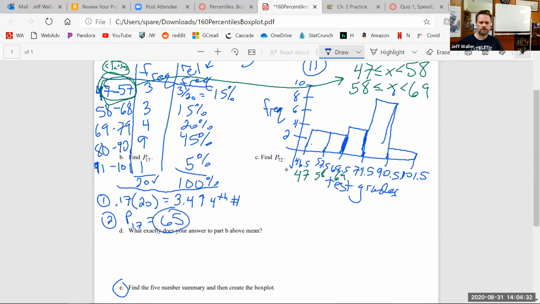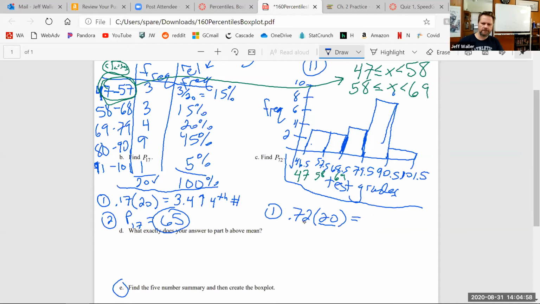So then P72 is basically the exact same problem, except I just do 72% of 20. Why is this 20? The number of data points. Yes. So don't always do 20, right? I always have somebody use the same number. No, it's because there's 20 data points here. If you had a problem with 38 data points, you put 38 there.